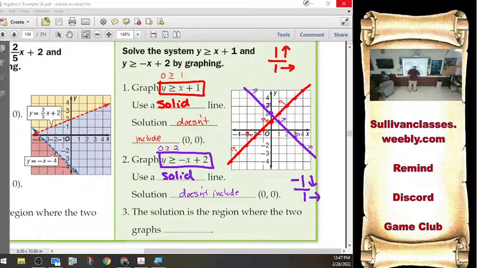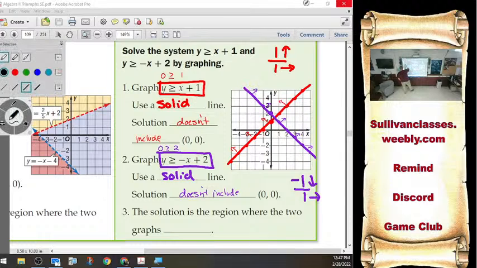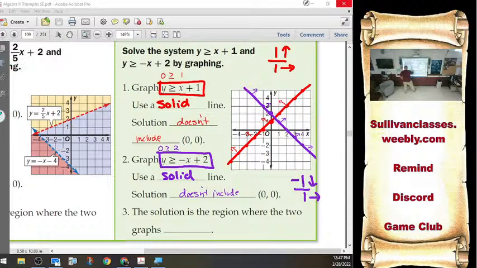If I see that my arrows are all headed to the same area, then I'm just going to shade that area. Okay? Shade the region where the 2 graphs overlap.